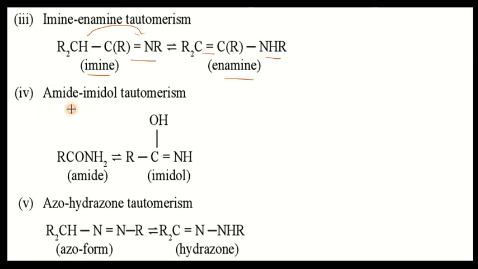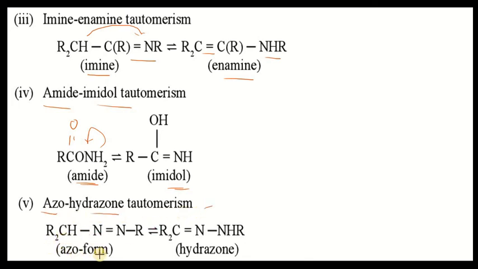Next, amide-imidol tautomerism. This is amide. This is imidol. So the carbon-oxygen double bond will be like this here. Over the oxygen, this hydrogen came. This is called imidol. Next, azo-hydrazone tautomerism.